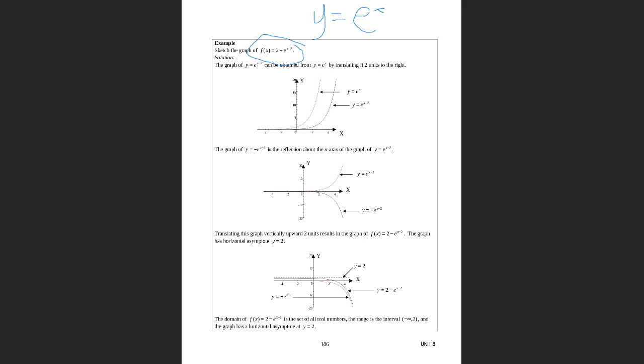If you are drawing this function, you are going to have something like this. This is also an exponent, the only difference is that it's a natural exponent.